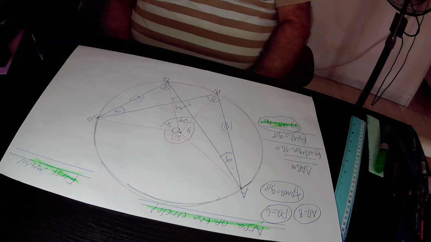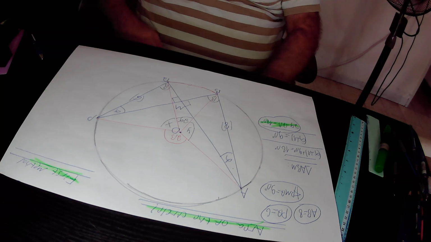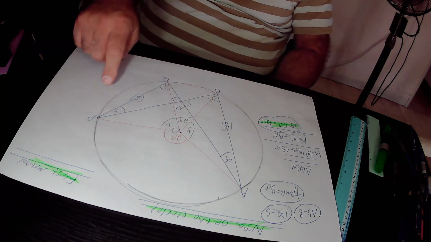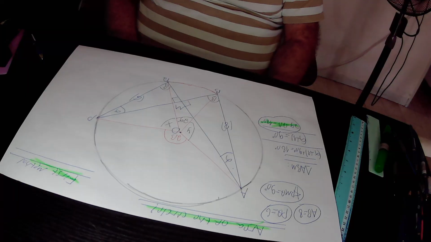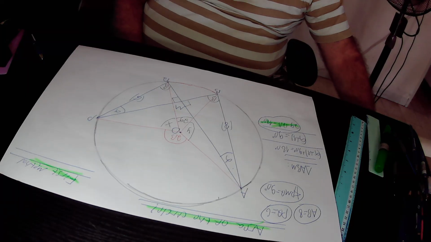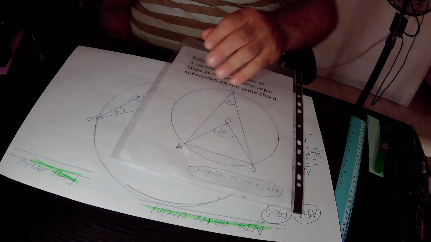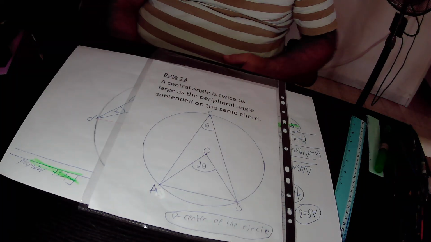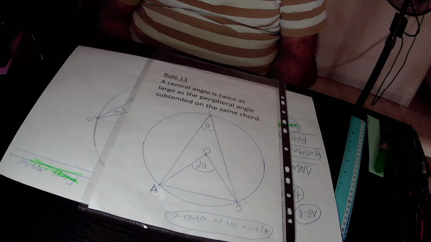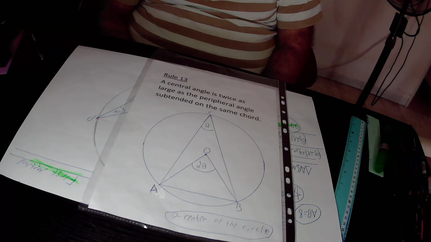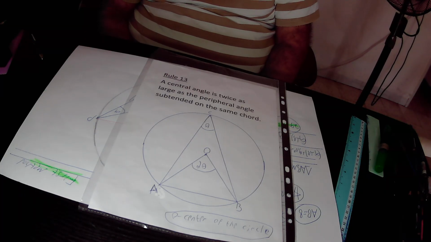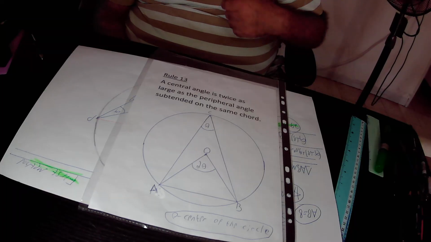In the next step, we first of all define the center of this circle, this point, as point O, and I presented to you Rule 13 and implemented Rule 13 in our drawing. According to Rule 13, a central angle is twice as large as the peripheral angle subtended on the same chord, or the same arc, doesn't matter.